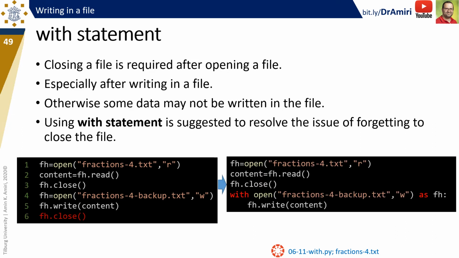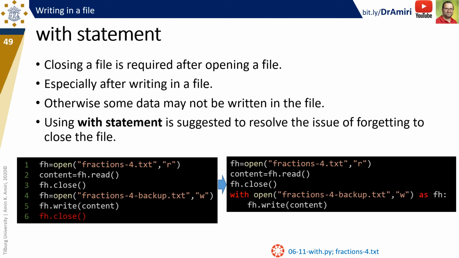So with the with statement, as you can see, rather than just opening the file and closing the file in line 4 to 6, you simply write down with and you write the open function, which is a write method here, and then you put an as keyword and fh there. So as a result, the file is opened in W mode.